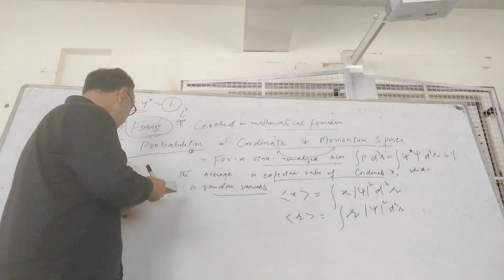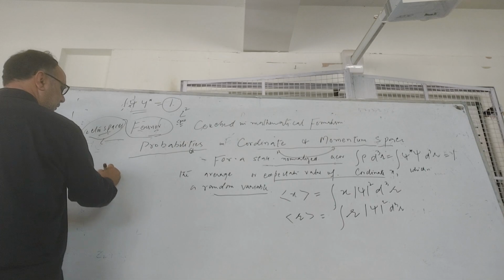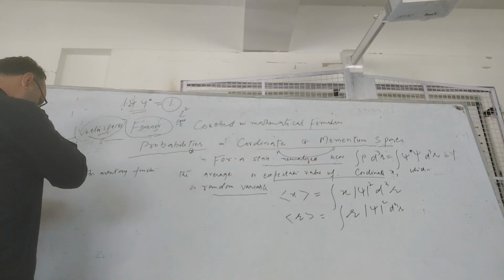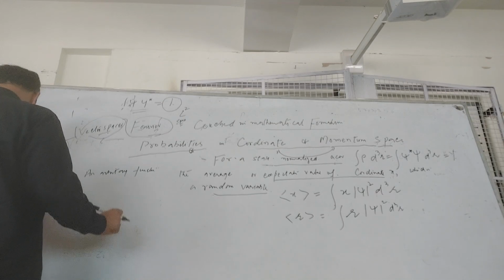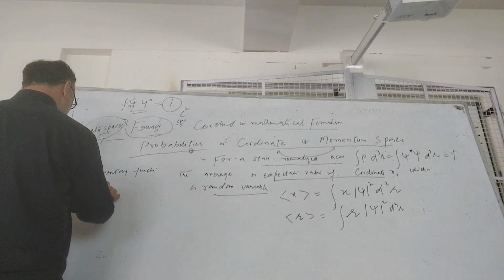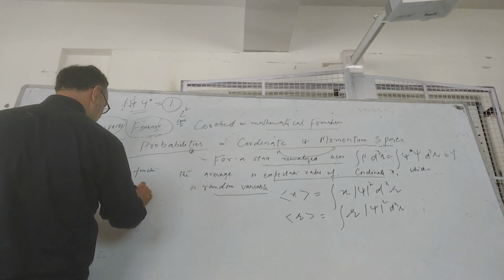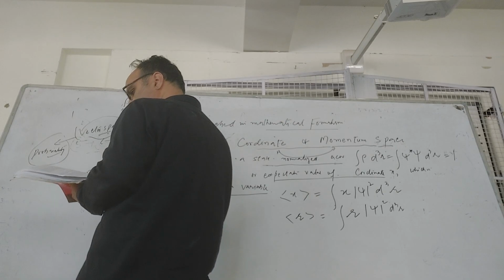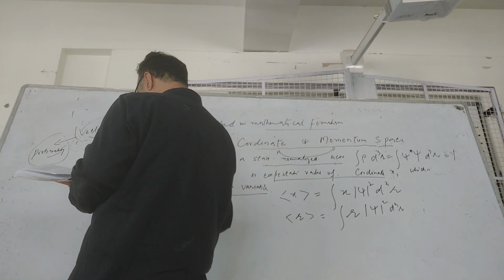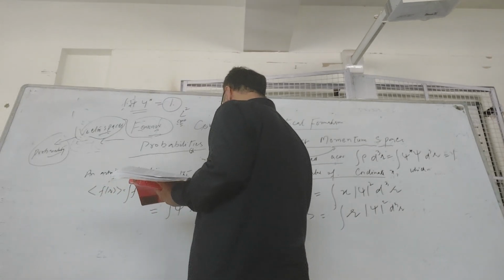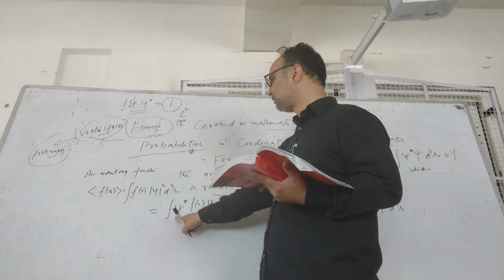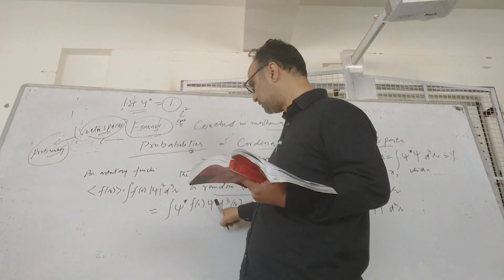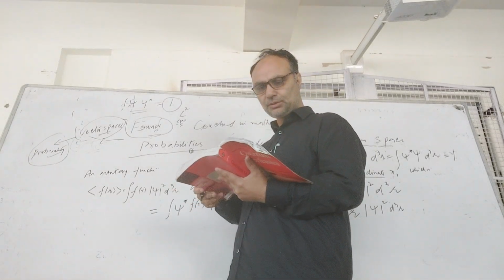So any arbitrary function, अगर कोई भी arbitrary function है, the expectation value can be f of r, psi square d3r, or it might be equivalent to psi star f of r psi d3r. है ना, psi star ये ना f ये psi star को also आप लिख सकते हैं in terms of psi star psi है ना, अलग अलग किया हमने.